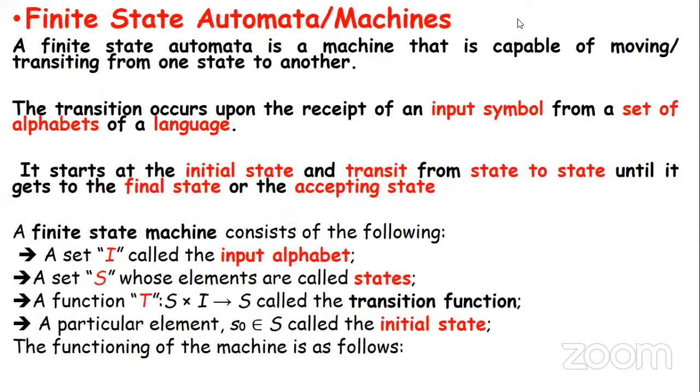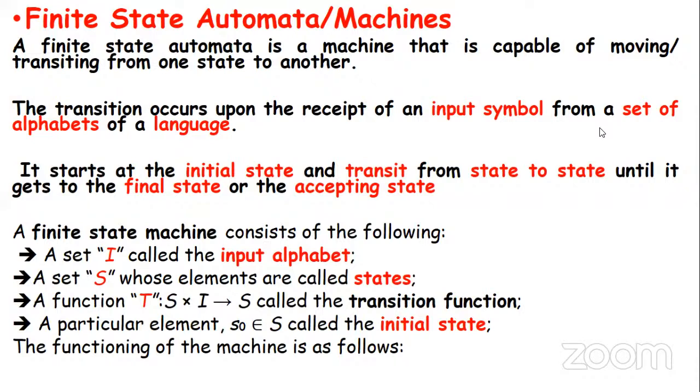So, as a form of introduction, a finite state automata or finite state machine is a machine that is capable of moving or transiting from one state to another, right? That means it is capable of moving from state to state, and the movement does not just take place. The transition occurs upon the receipt of an input symbol.